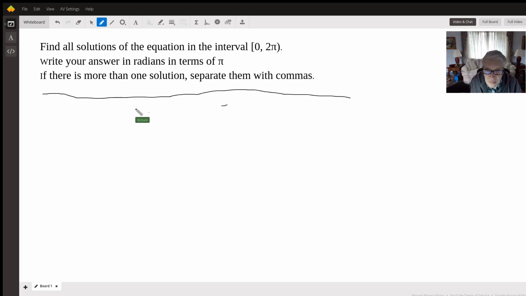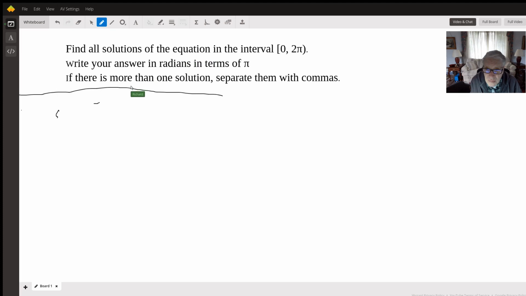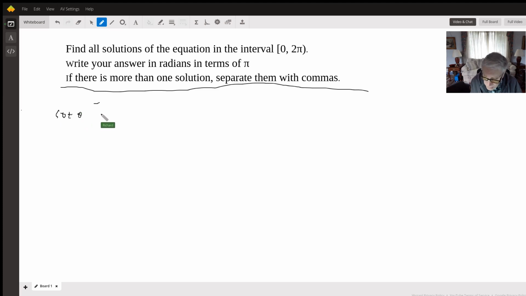Okay, so the cotangent of theta looks like the square root of 3 cotangent of theta plus 1 equals 0.